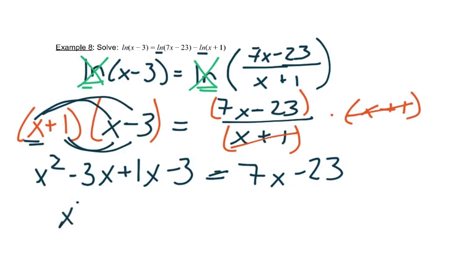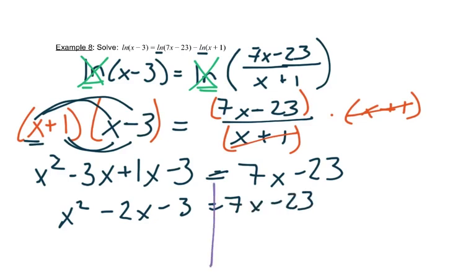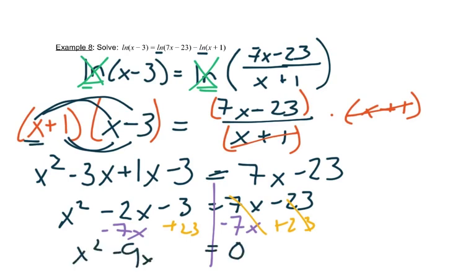So we can combine some like terms. And because this is an x squared equation, we need to get everything onto the same side. It has to equal 0. So I'm going to subtract 7x, and I'm going to add 23. So that gives me 0 over here, minus x squared minus 9x plus 20 over here.